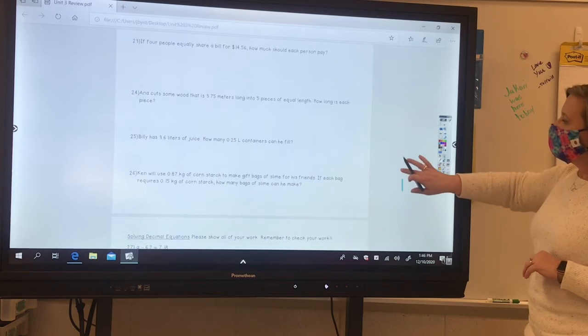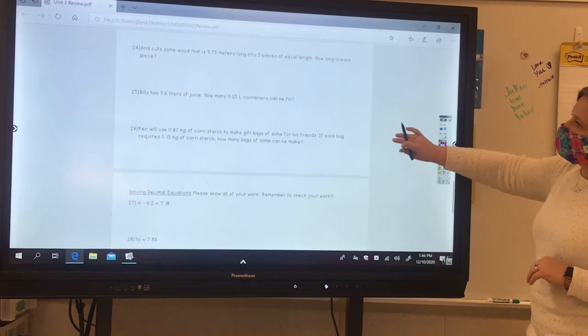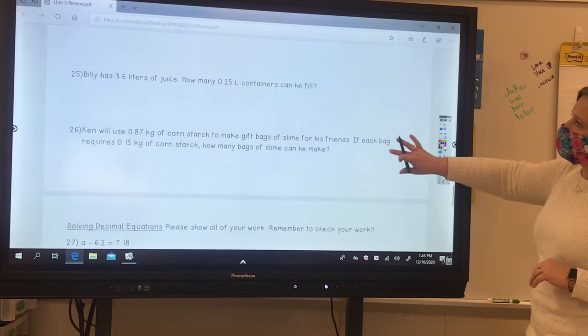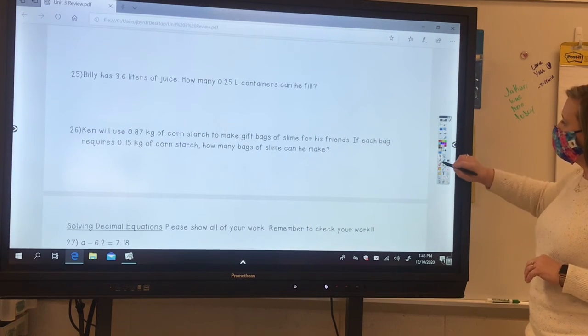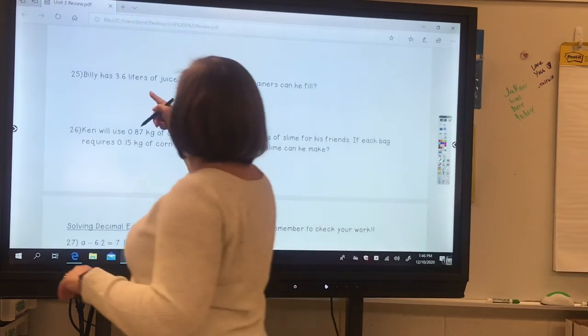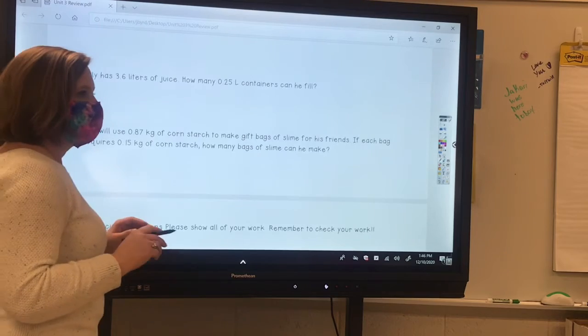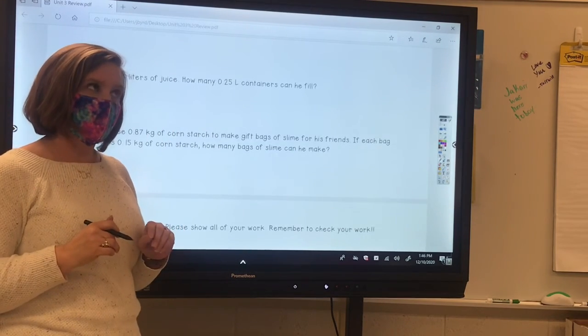So, what am I going to have to do with those numbers? I have 3 6/10 liters of juice. I've got to divide that up into 2,500 liter containers.